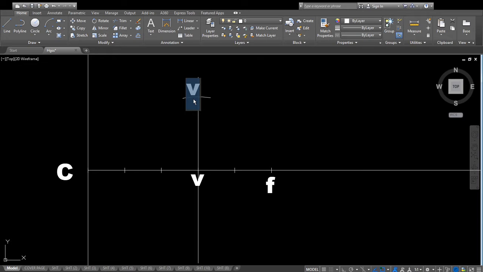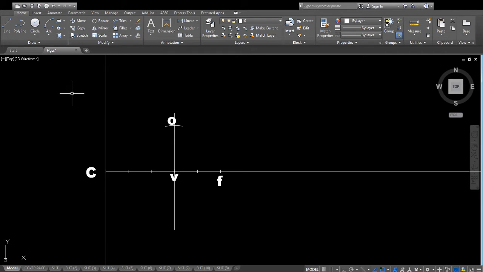Let's call it O. VO is equal to VF. Now we draw a line at 45 from C through F and extend it upward.